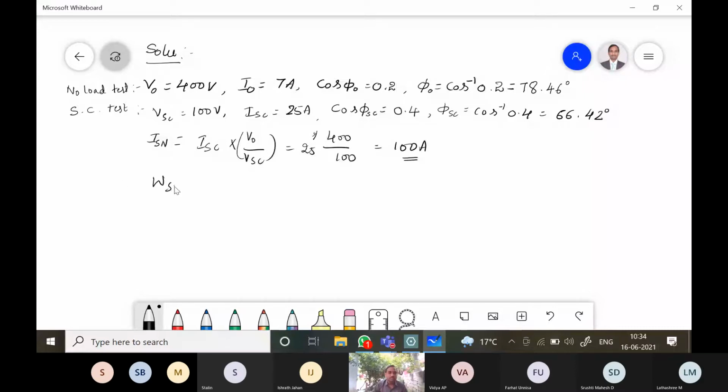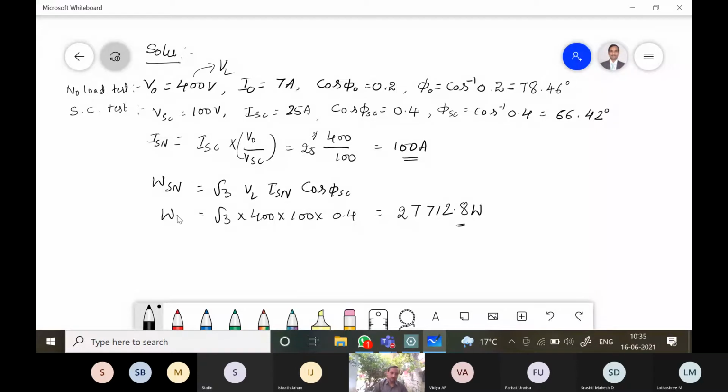Similarly, calculate WSN. Root 3 into VL into ISN into cos phi SC is equal to root 3 into 400 into 100 into 0.4. VL or V naught, both are same. So WSN you will get 27,712.8 watt.